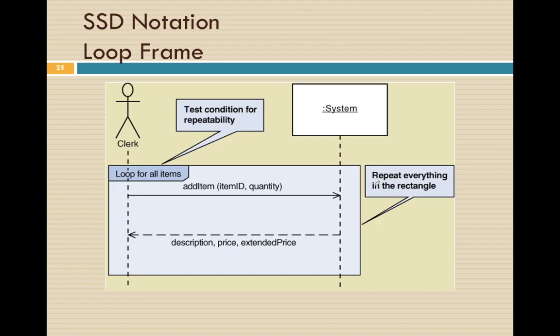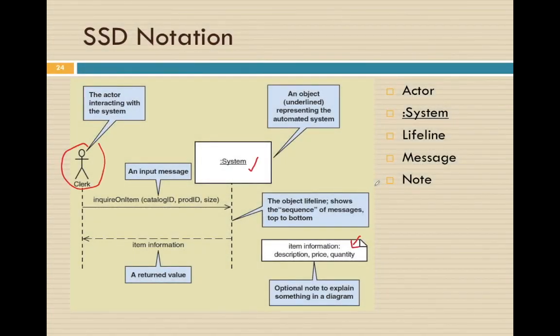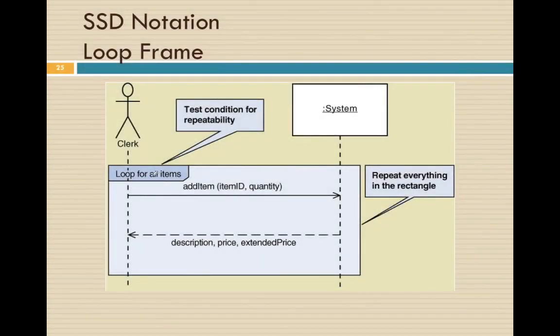So this is the basic SSD. There is no frame, and now we have the loop frame for looping items. What does it mean? This activity will be looped until there is no more item to be added.